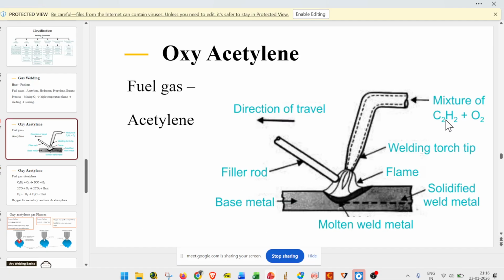So we have the fuel and we have the oxygen, both in two different cylinders. So we can control the amount of fuel coming into this mixing chamber, and we can control the amount of oxygen coming into this mixing chamber. Once both of them come here, they will be mixed and generate the heat.